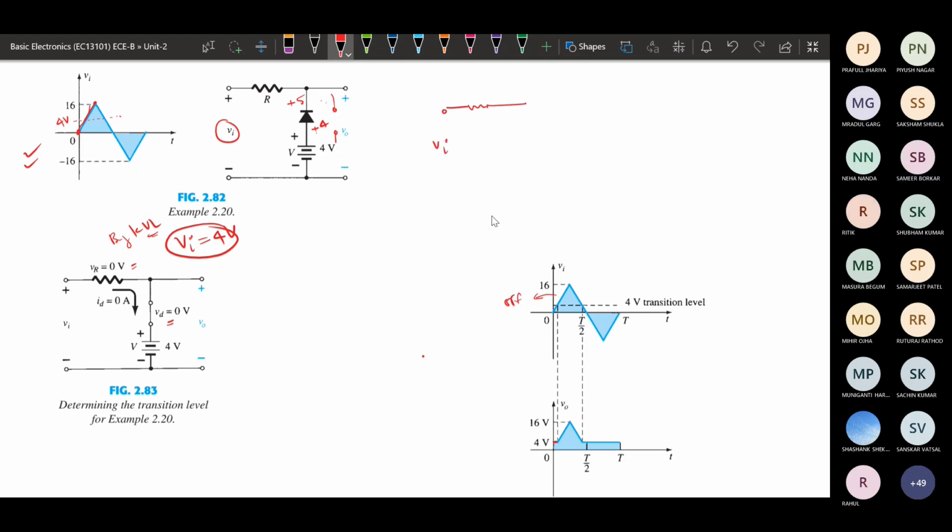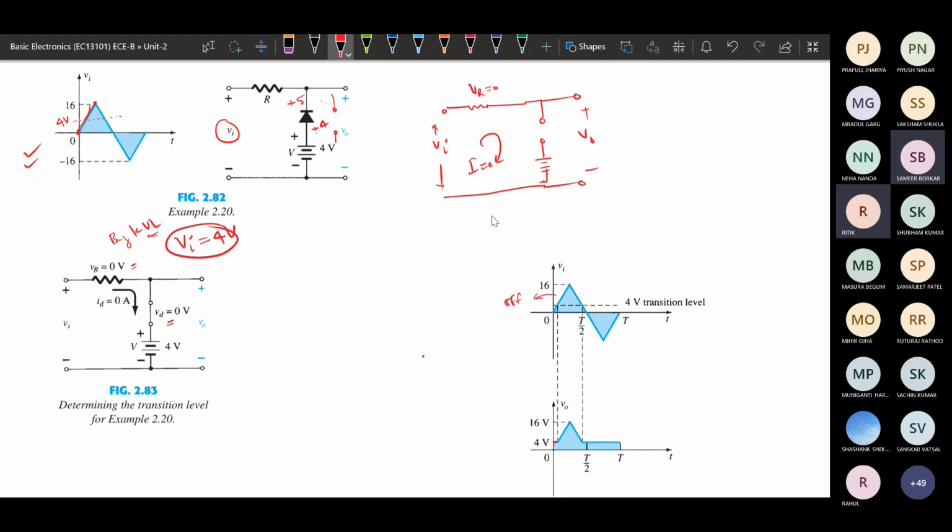Here the input voltage will be there, and the diode is off, that means open circuit. So the current will be 0. When current is 0, the voltage across the resistor will be 0. So this will be the output voltage.